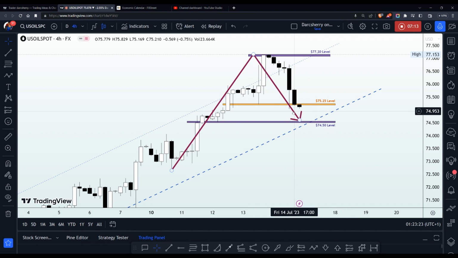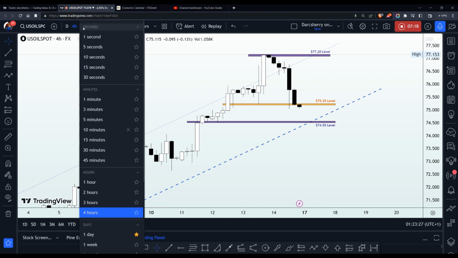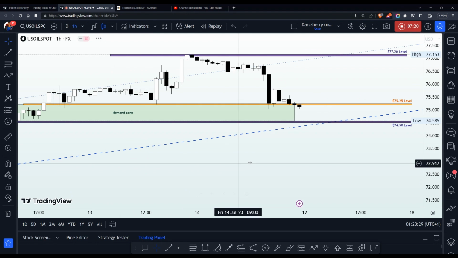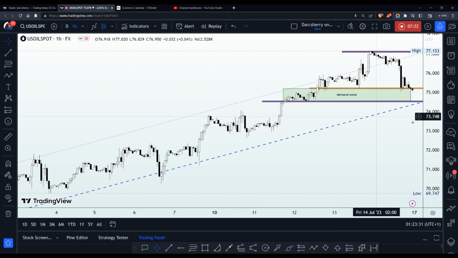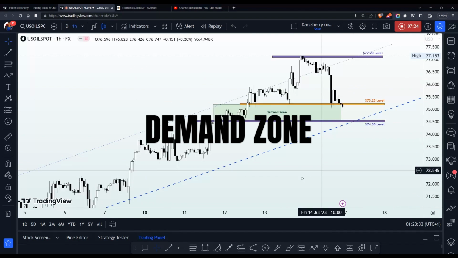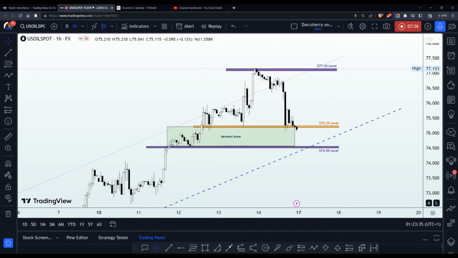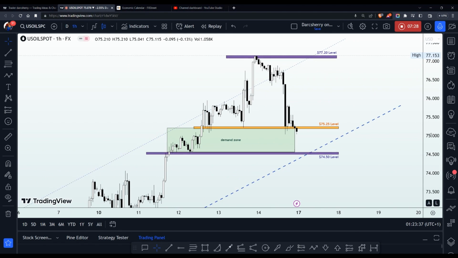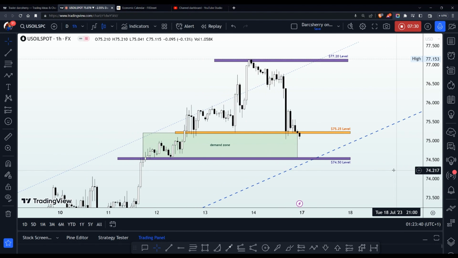And in order to help us guide our trading activity for this week, I went down into the 1 hour time frame where I was able to identify a potential demand zone that could likely be a platform to incite another wave of bullish momentum this week.